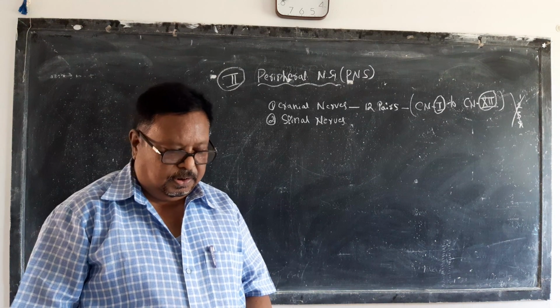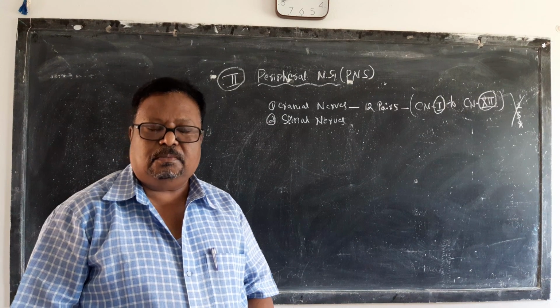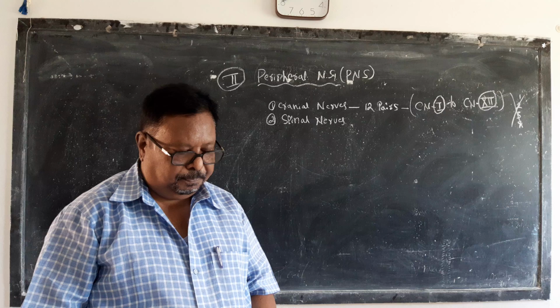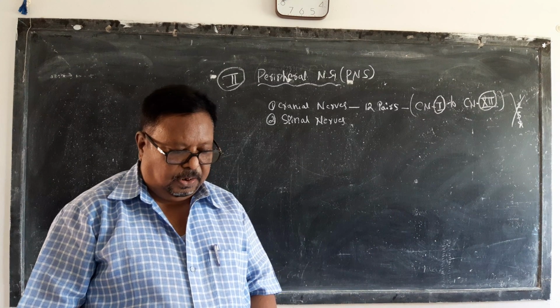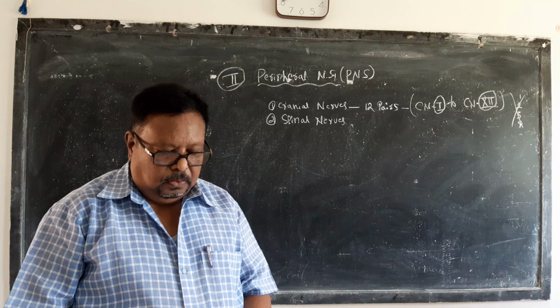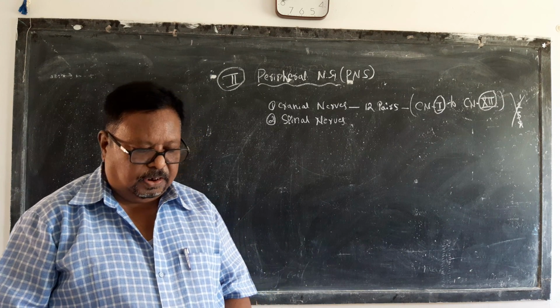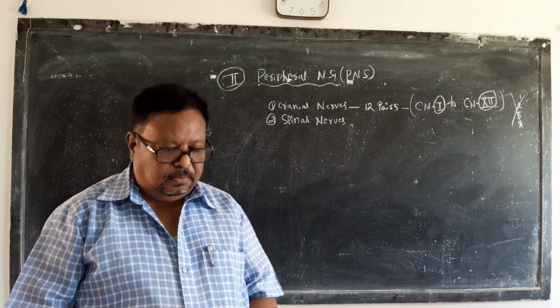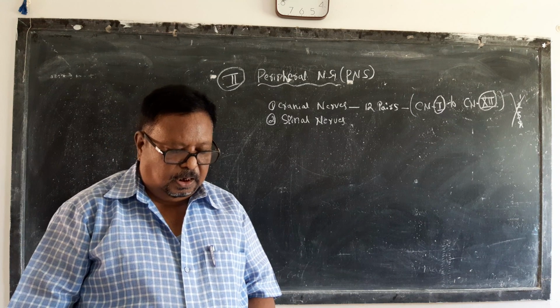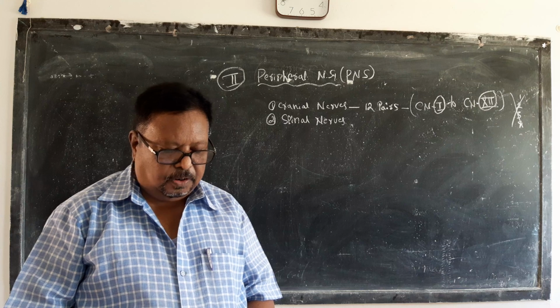Today I am going to explain those nerves, the cranial nerves. Number 1, CN1, is the olfactory nerve, which is concerned with the sense of smell. The second one is CN2, the optic nerve, concerned with the sense of vision.